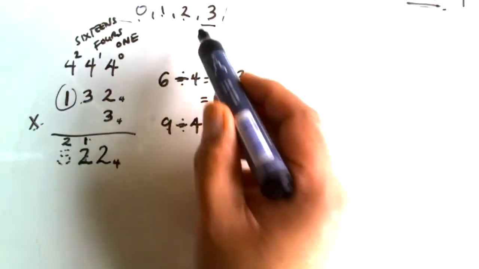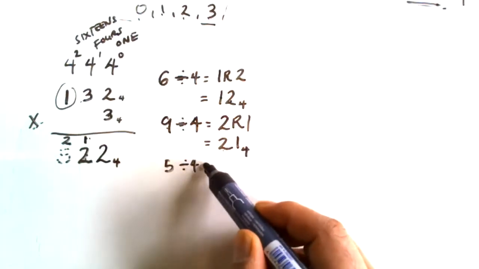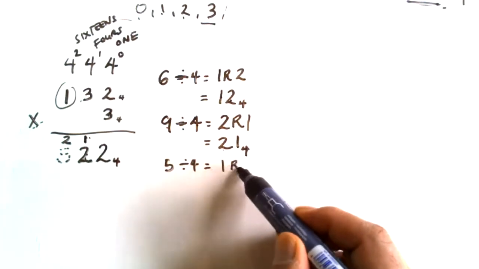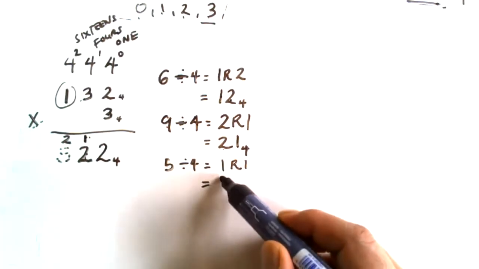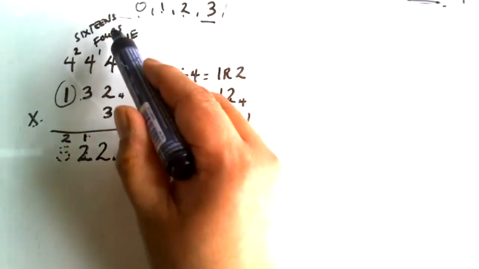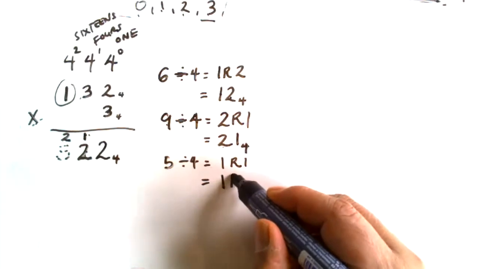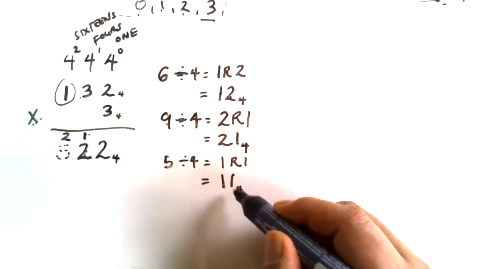Can we write 5? We can't. So we have to ask the same thing. How many 4s go into 5? We have 1, remainder 1. Or one group of 4 16s, and 1 outside. So 1, 1.